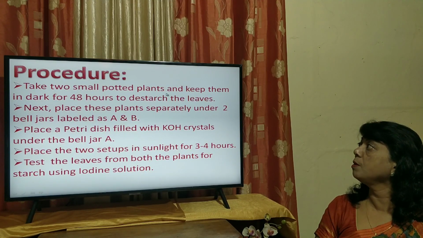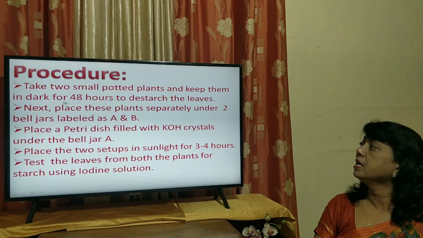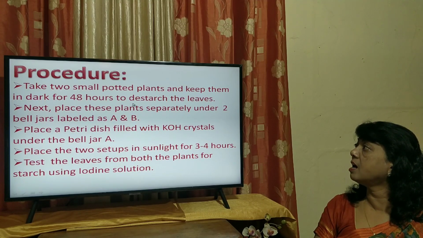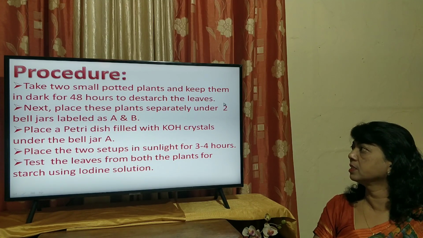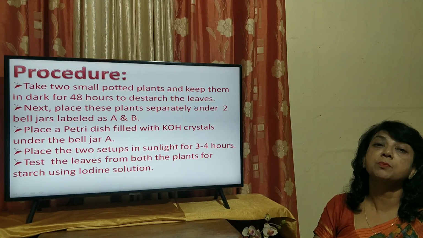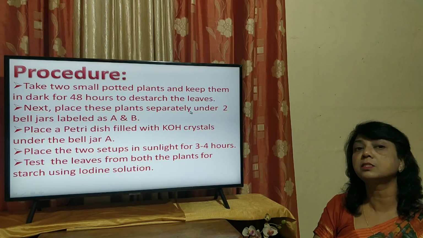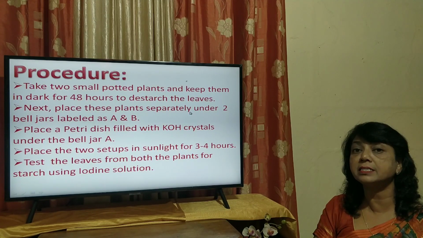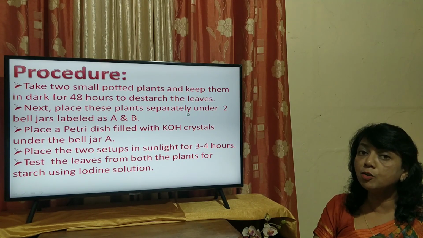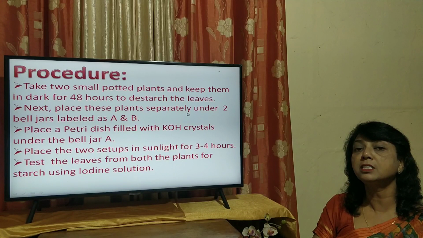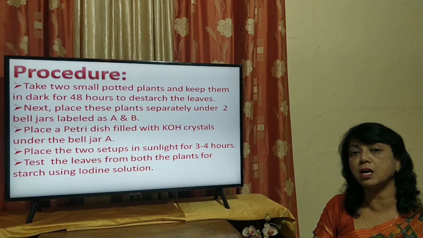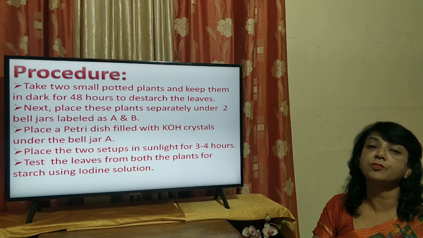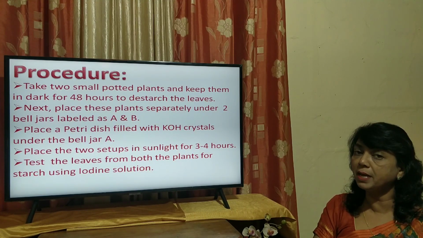Take 2 small potted plants and keep them in the dark for 48 hours to destarch the leaves. Destarch means, we know that plants prepare their food, and this photosynthesis takes place inside the leaves. When glucose is formed, the excess glucose is converted into starch and sent for storage to different parts of the plant.